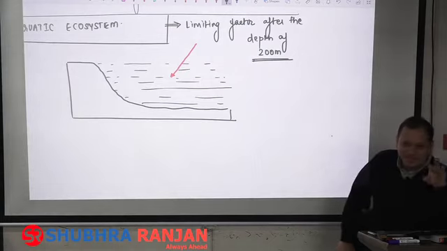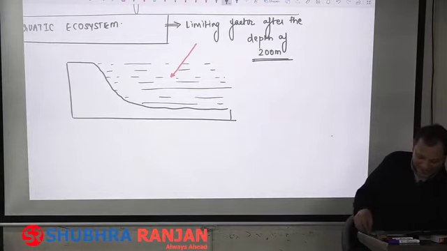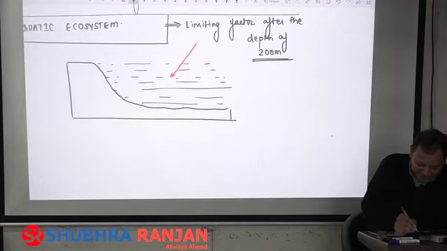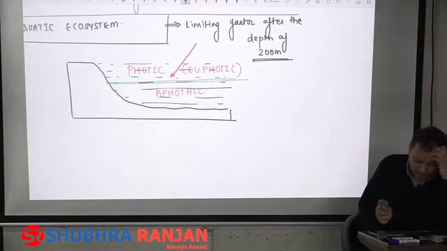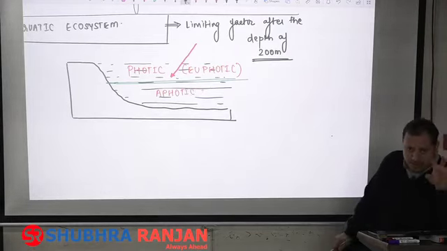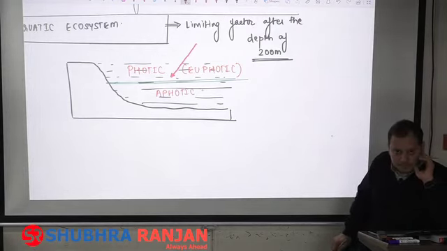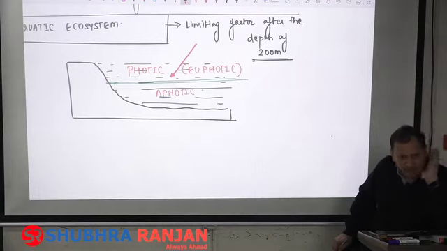it is a limiting factor after a depth of 200 meters, right? Because of which we divide this into photic and euphotic. Remember, euphotic and photic are the same, and the aphotic zone. Divide it into photic and aphotic zone. So obviously the biodiversity will be less in the aphotic zone.